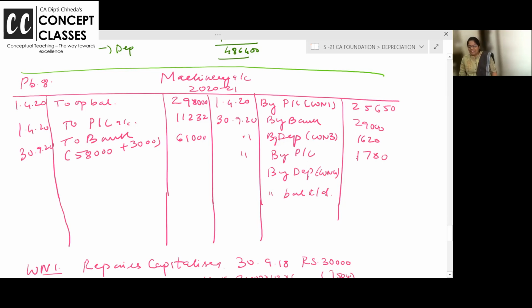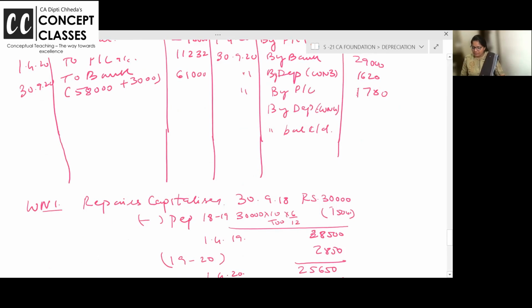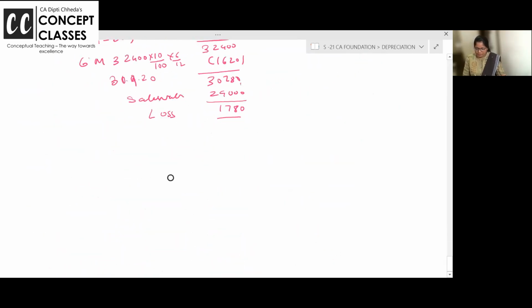One asset has gone on the very first day, so you will not charge depreciation on that. One asset is sold, so its whole story is finished. And on the 61,000 you have to take the depreciation. Let us make working note 4.